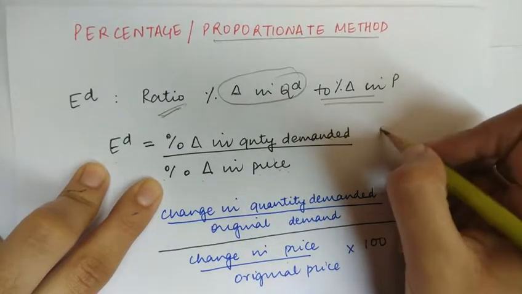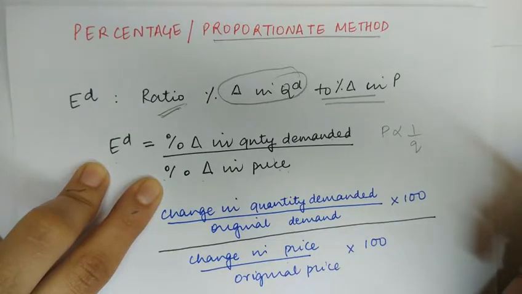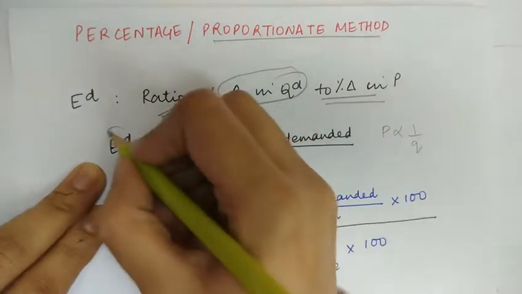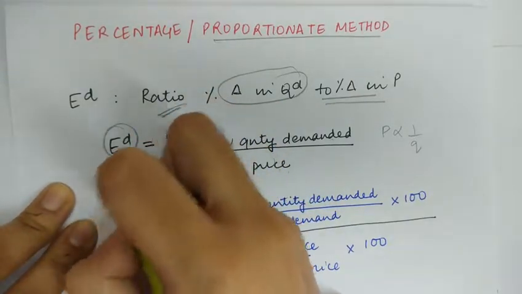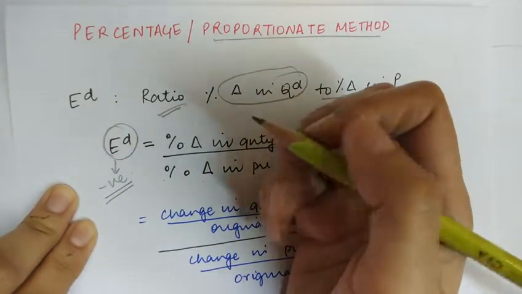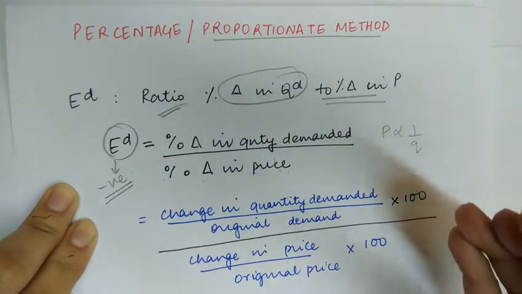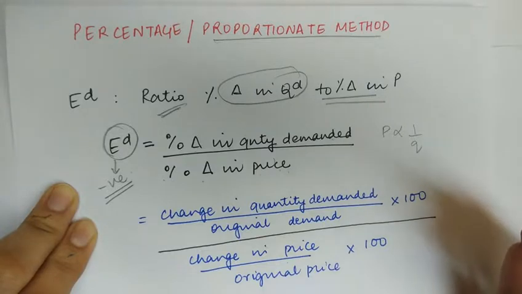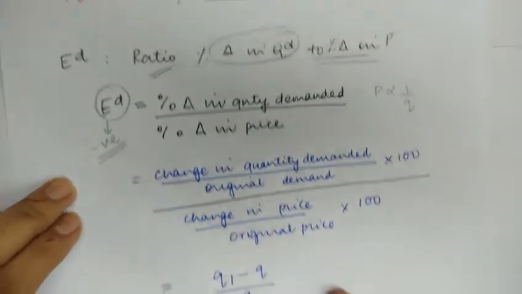As all of you know, price and quantity are inversely related to each other, so the elasticity of demand will have a negative sign associated with it. But for simplicity and convenience, the minus sign is conventionally dropped while measuring the coefficient of price elasticity of demand, because it is obvious that the elasticity of demand with respect to the price will always be negative.